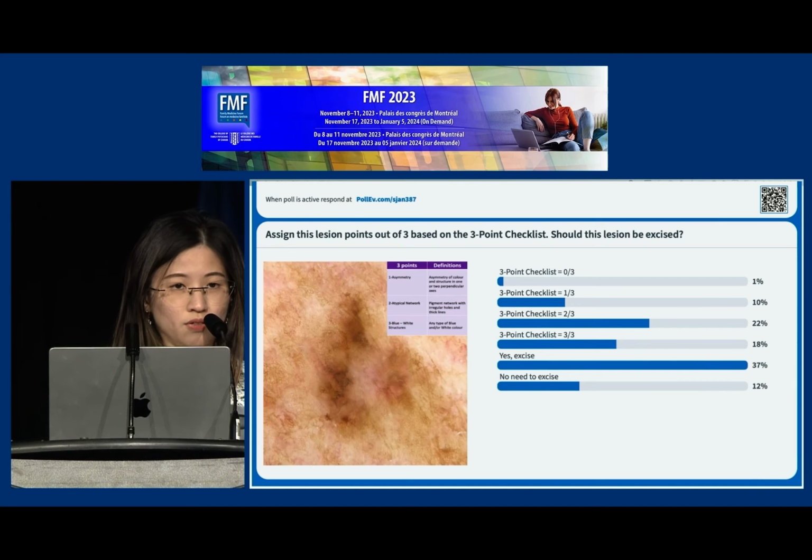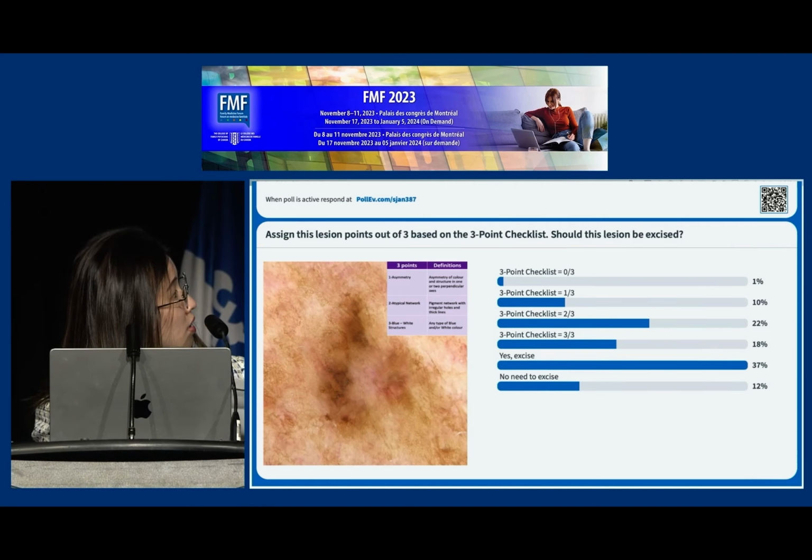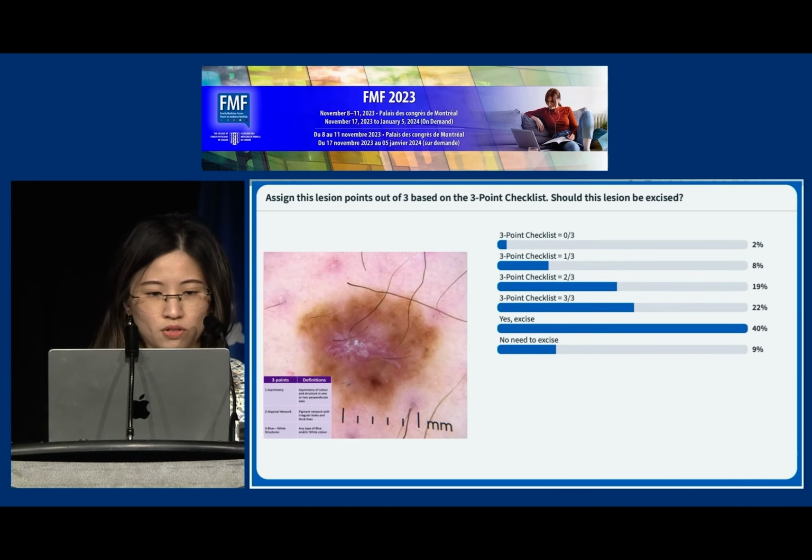And right in the middle, that's the regression I was talking about, where it looks a lot whiter than the skin around it, and that's a sign of melanoma as well. I would say this one is 2 out of 3. Pretty much atypical network, blue-white structure, maybe symmetrical, maybe not, but this one is definitely something to go.